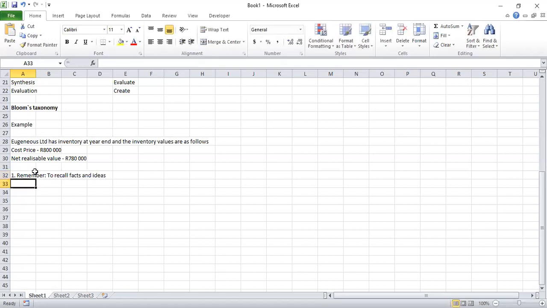So as a student, you have to remember that inventory is measured and disclosed according to what? According to IAS 2.